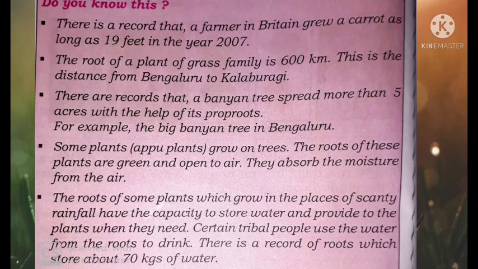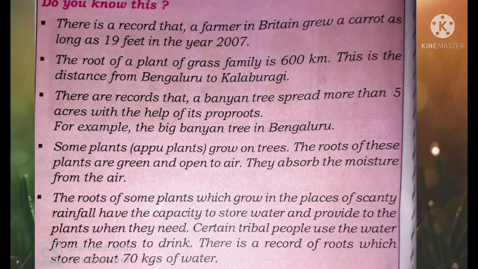Some facts are given in the text. We will see. There is a record that a farmer in Britain grew a carrot as long as 19 feet in the year 2007. Understood? The root of a plant of the grass family is 600 kilometers.